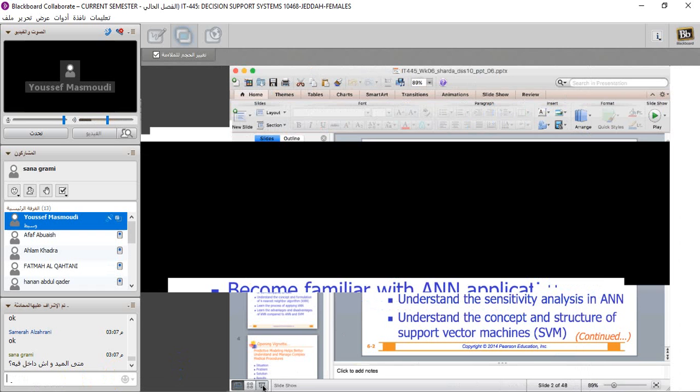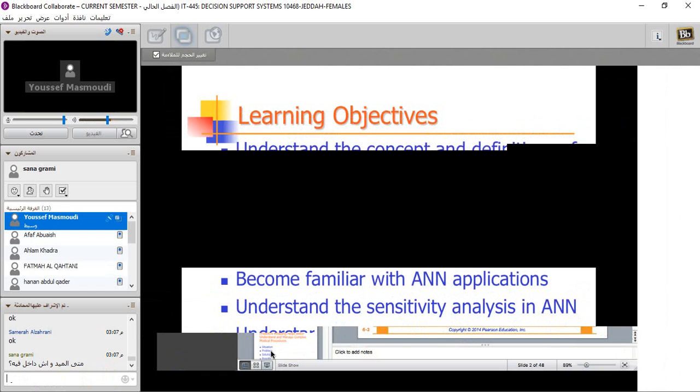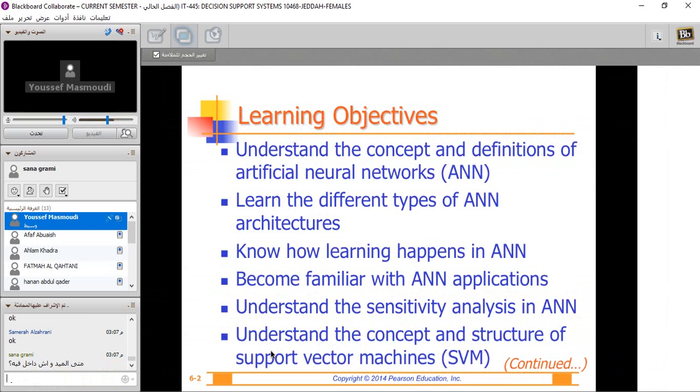The learning objectives of this chapter are to understand the concept and definitions of the well-known methodology artificial neural networks, ANN. So we will understand what is this ANN. Learn the different types of artificial neural network architectures.